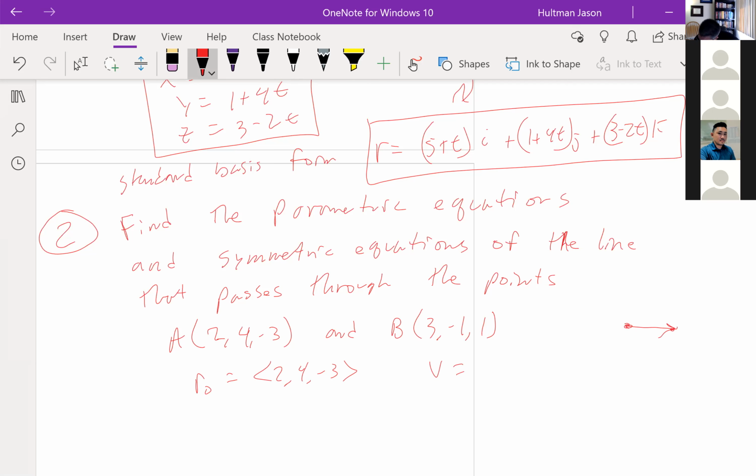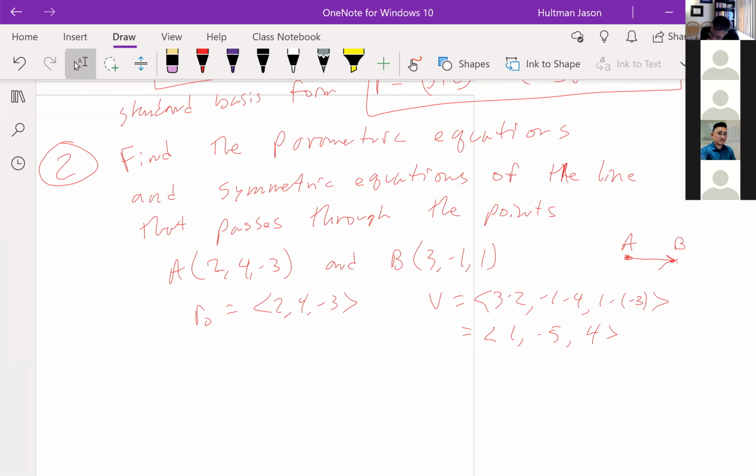How do I find the vector between point A and B? I just subtract the components. So vector V is (3 minus 2, negative 1 minus 4, 1 minus negative 3). That becomes (1, negative 5, 4). So that's vector V.